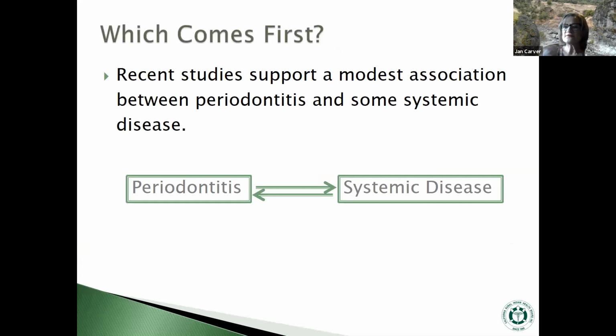But which comes first? That is the tricky part. What the evidence shows is that there is an association between periodontitis and some systemic diseases. But the question is, is the relationship causative or just associative? I will tell you now, they do not have evidence of causation going either direction.